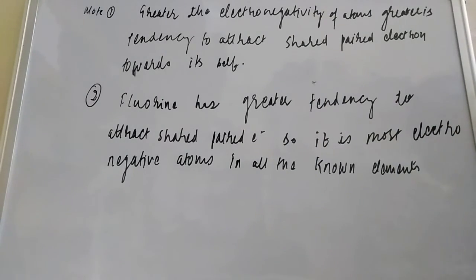Now what is the third point? Let us move and understand the next point, friend. Electronegativity is measured with the help of the Pauling scale. How do we measure electronegativity, student? We measure it with the help of the Pauling scale, which is based on the bond enthalpy of different bonds.